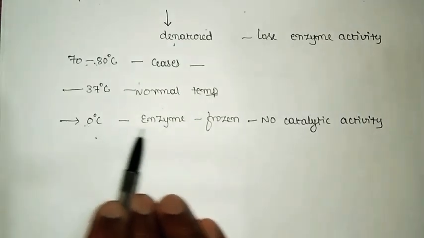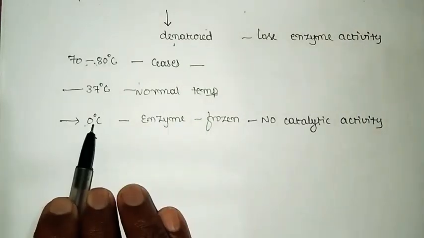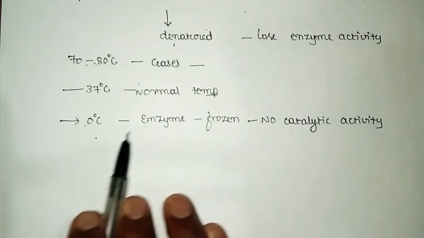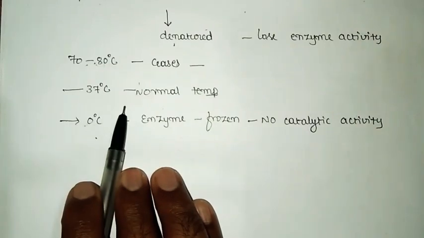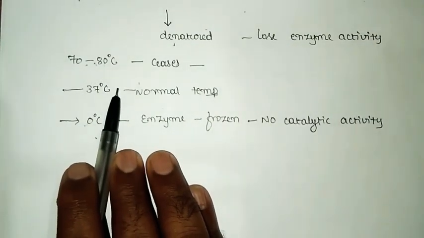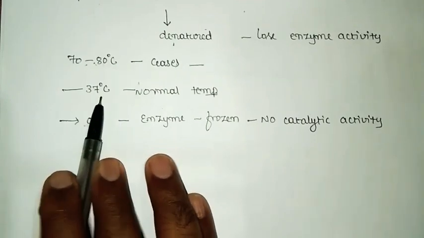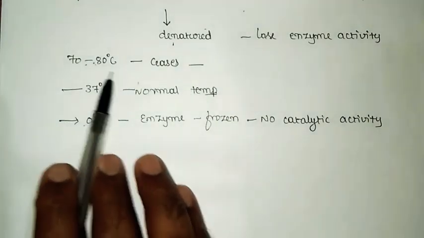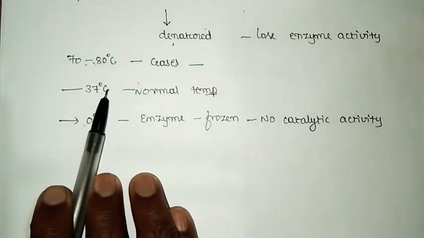That's why at the frozen state, say at 0 degrees Celsius, the enzyme can be stored for years together. And as I said, the majority of enzymes show greater catalytic activity at normal body temperature, 37 degrees Celsius. That is, the majority of animal enzymes.